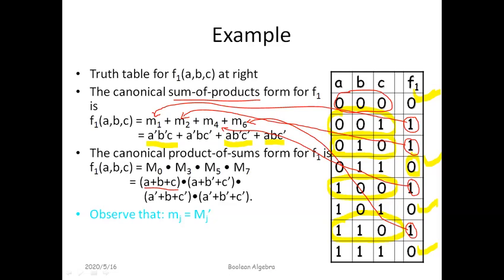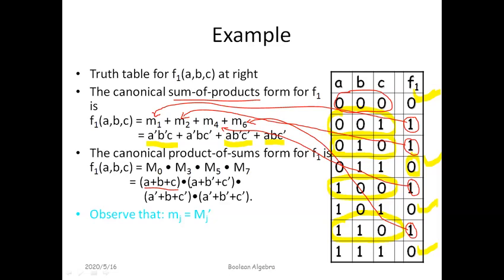Then we put a dot. We move to the next. The next is 0, 1, 1. So the first one, we don't invert. So this would be A. But the next two, we invert them. Okay?